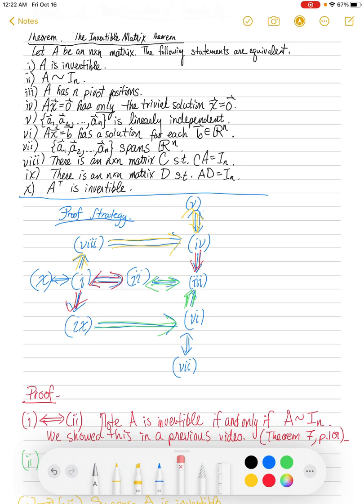What other things do I need to do here? How about 6 if and only if 7? Do I have this written down right? That's a 7. Okay, 6 if and only if 7. Oh, this one right here.